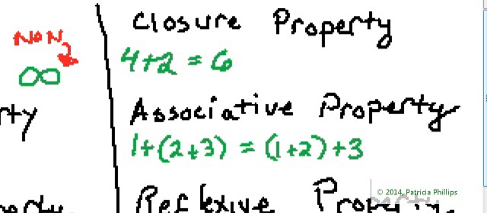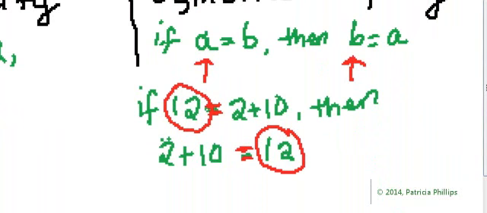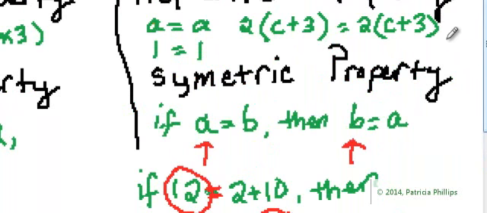So, you know that it's not one of those. But the confusion is between the ones at the top, closure, commutative, associative, distributive. And the confusion is these with each other, and then the ones at the bottom, reflexive, transitive, and symmetric with each other. Confusing them with each other. So keep that in mind when you're studying.